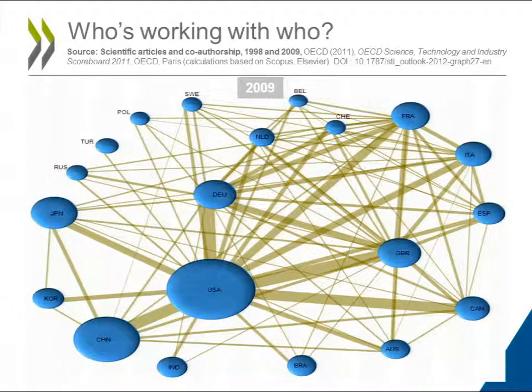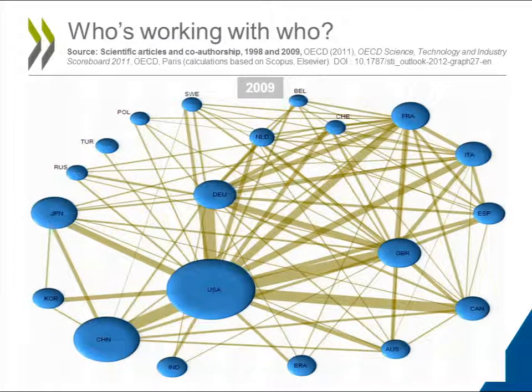This is an interesting graphic. It's based on Scopus data. It shows the relationship between authors. Each bubble is the number of authors in that country, and the connections are where you have co-authors across countries. The breadth of the line shows you the amount of interaction between authors in different countries. Again, there you can see China.